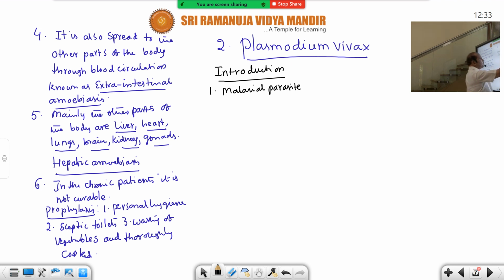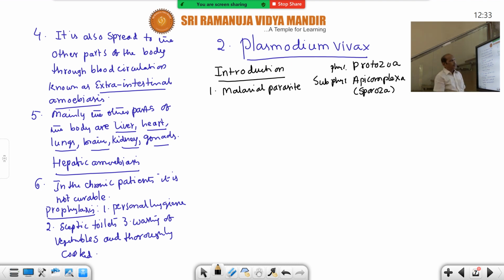And let us take the systematic position of Plasmodium vivax here. Phylum Protozoa. Always write the classification in the right top corner. Subphylum Apicomplexa, or Sporozoa. Sporozoa is the other name; write it in the bracket.